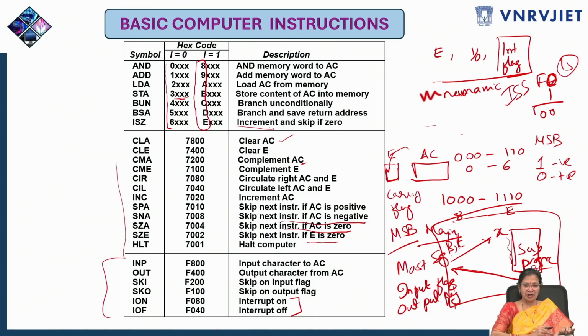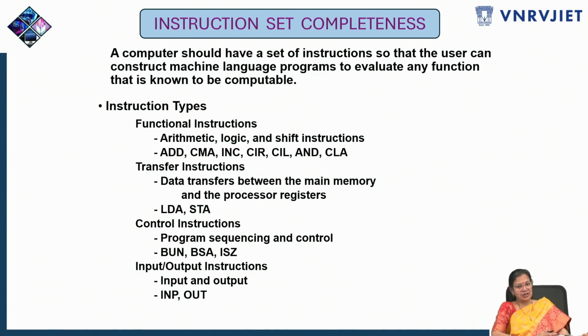So this is how the basic computer's operations and the respective instructions are defined. This is the instruction set point of view, or the instruction set architecture of the CPU, as it is called. For any computer, to see that its instruction set is complete, it has to perform certain basic tasks and have certain categories of instructions.